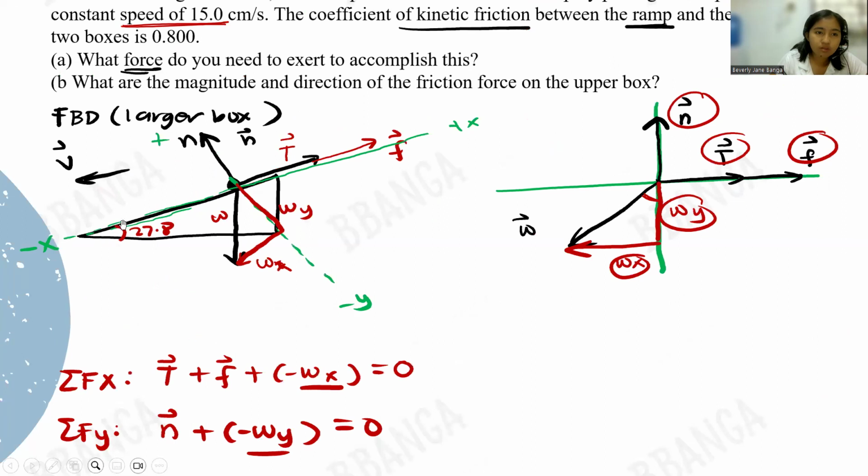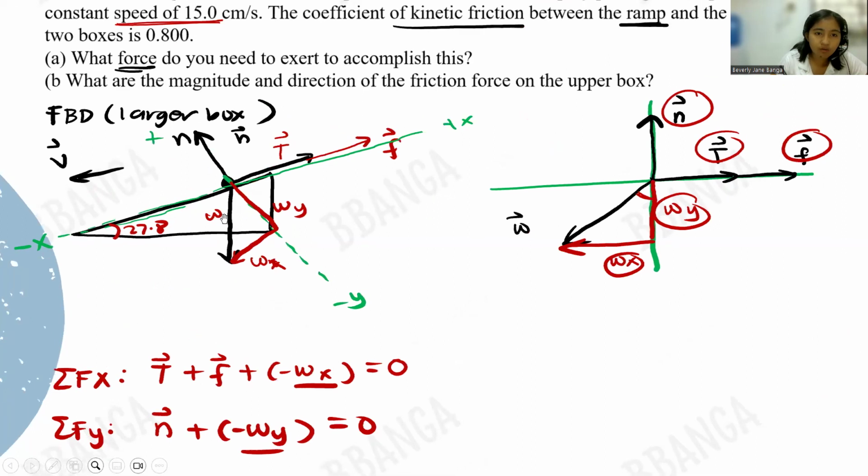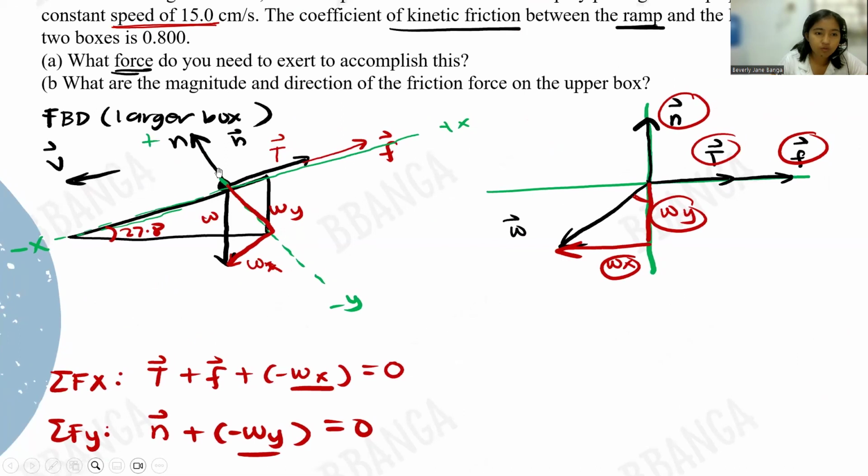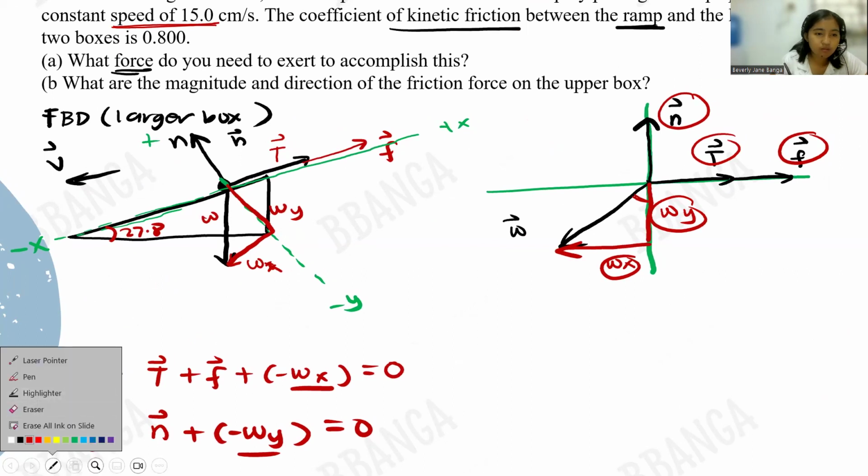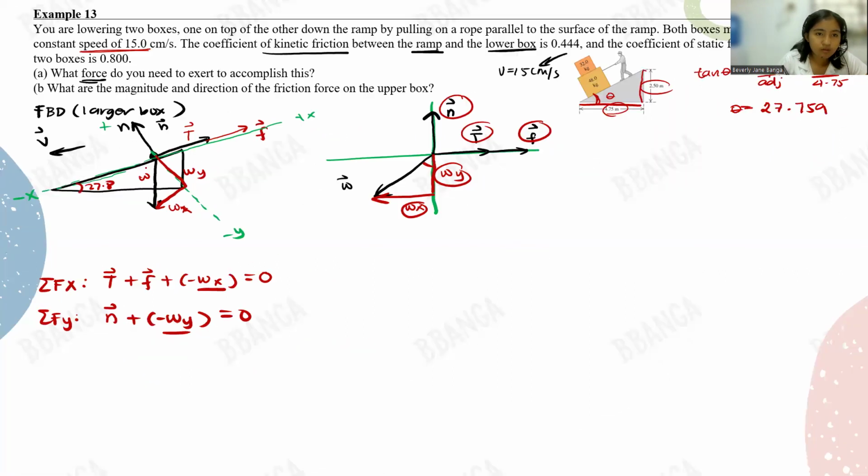Kung ito ay 27.8, ito ay 90, itong sa part na to, then ano ito, no? So, nangyari dyan, 90 minus 27.8. So, it means that the weight kasi means ito 90, this one is 62.2.